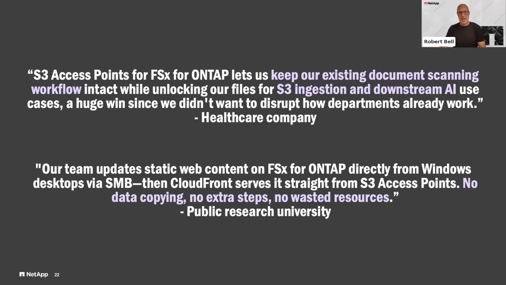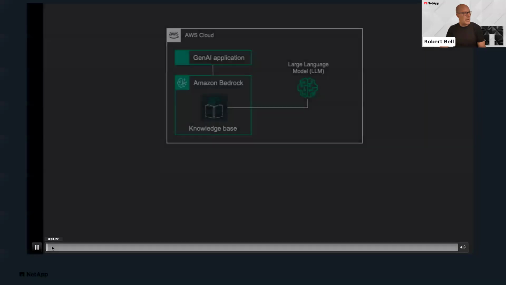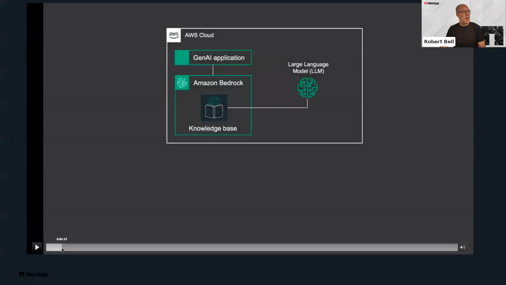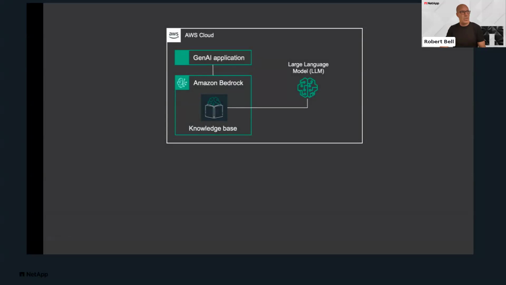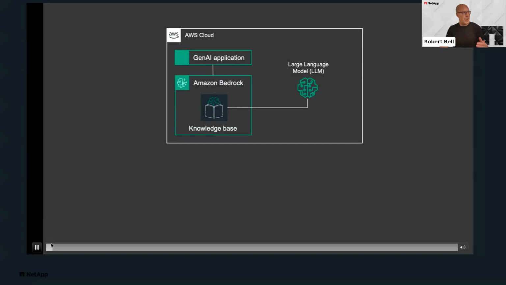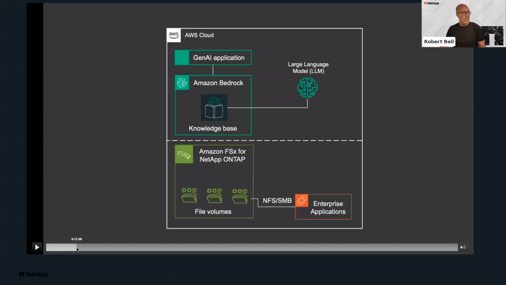So I do want to show a quick demonstration, as we have just a couple more minutes. This is the first example that we showed. We're talking about Amazon Bedrock, which uses an LLM, or large language model, for a Gen AI application for generating information.